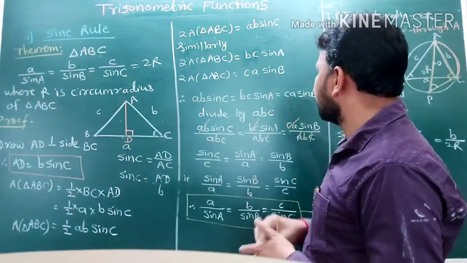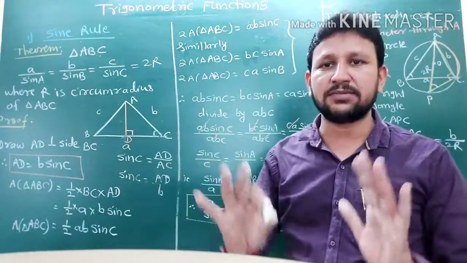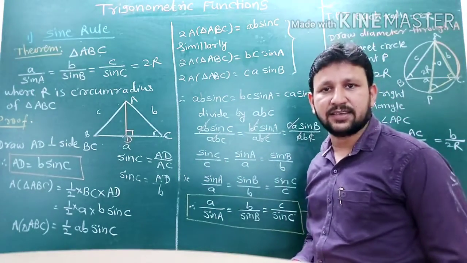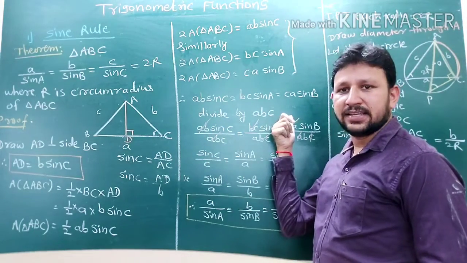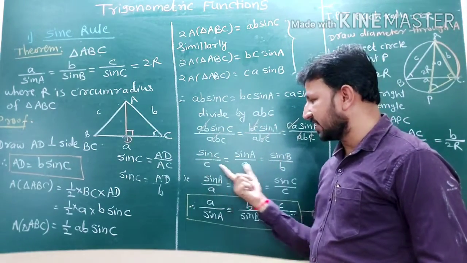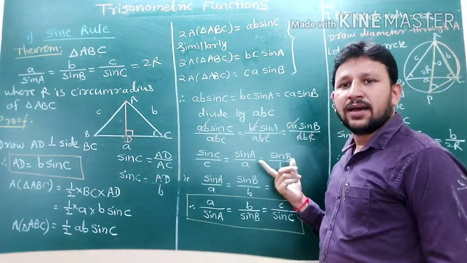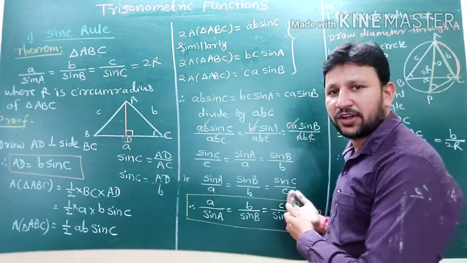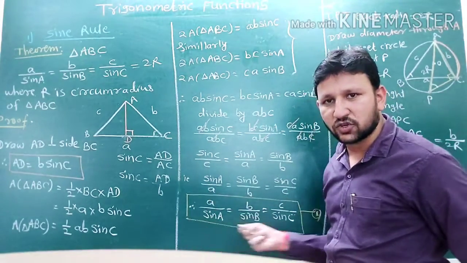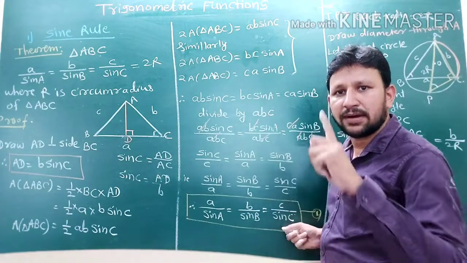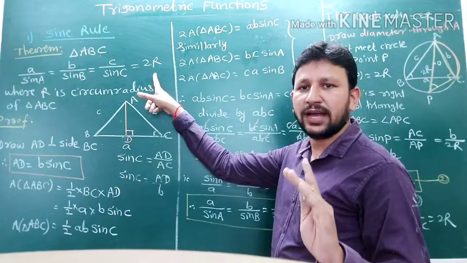Then all these 3 equations are equated, as all 3 represent 2 times area of triangle ABC. Hence, dividing both sides by abc, we get the equation sin C upon c, sin A upon a, sin B upon b. After that, written in the sequential order of the letters ABC and taking the reciprocal, we obtain that these three ratios are equal. But one part is remaining, that is the value for each ratio, to prove that it is 2 times R.